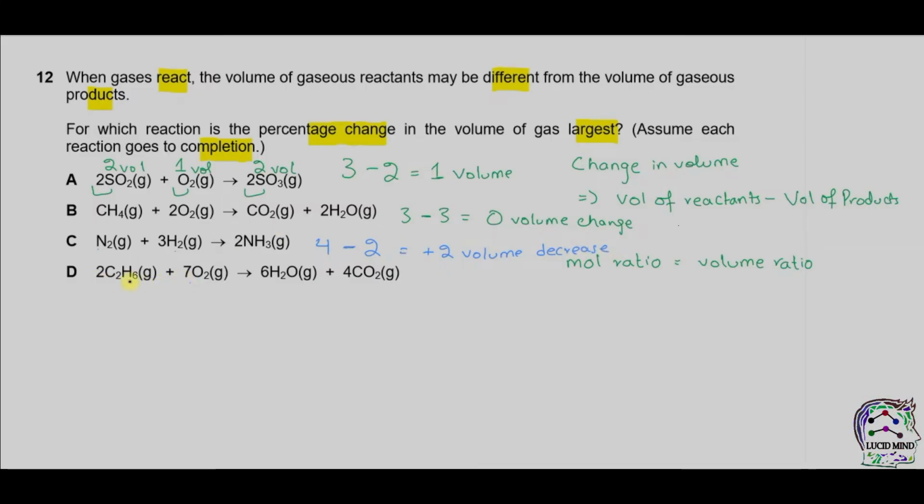Similarly, in part D, we have 9 volumes on the reactant side and 10 volumes on the product side. So the change is -1, which means that 1 volume has increased. Among 1, 0, plus 2 and -1, we can see that this is the largest change in the volumes. So correct answer is part C.